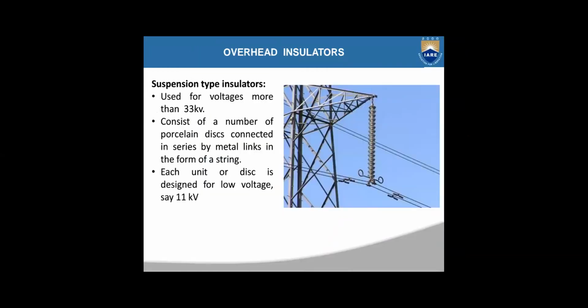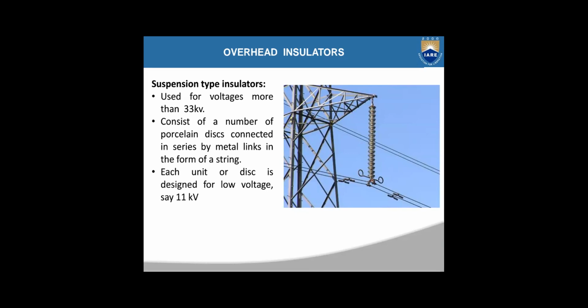Another type of insulator is the suspension type insulator. It is called suspension type because these insulators are hung from the cross arm. A suspension type insulator generally has a number of discs, two or three or more, connected in series, and together they form a suspension type insulator.